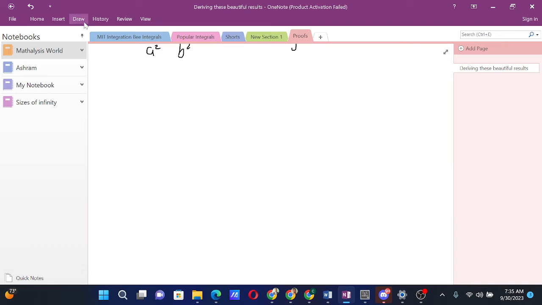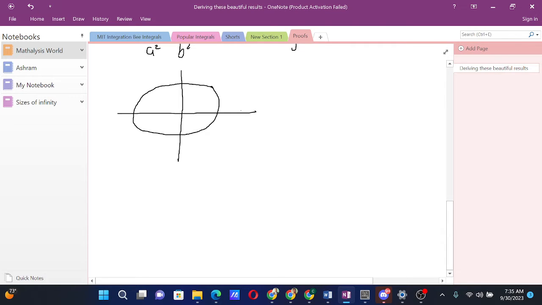The first one, for area, is a lot easier. It's not that hard. We have this ellipse with A, B, and the center, and the equation of the ellipse is x square by A square plus y square by B square equals 1.